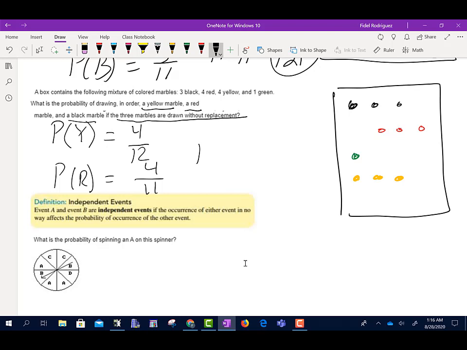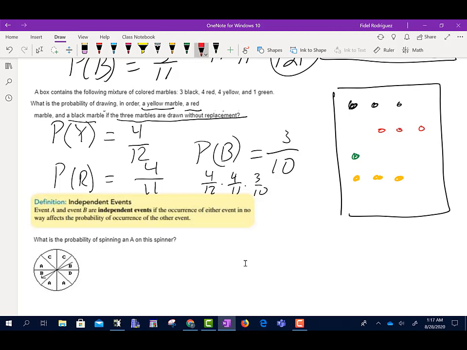And now we want to find what's the probability that we're going to get a black marble now. Now remember, we used to have 12 marbles. We chose 1. Then we had 11. We chose one. So now we're only left with 10 marbles. How many out of these 10 are black? 3.